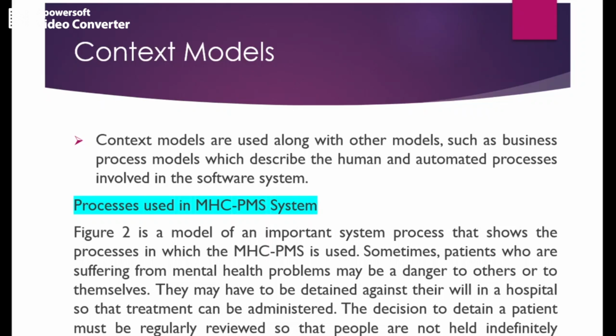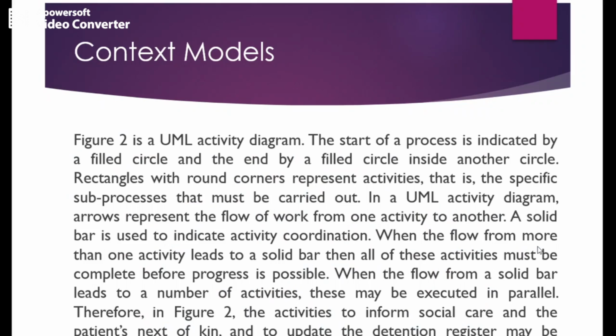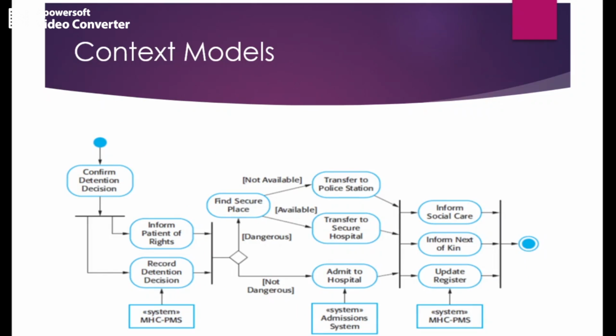Okay, so this is the process model now. This is the initial state, the filled circle, blue color shows the initial state, and here your double circle is the final state. Here you can see confirmed detention decision.